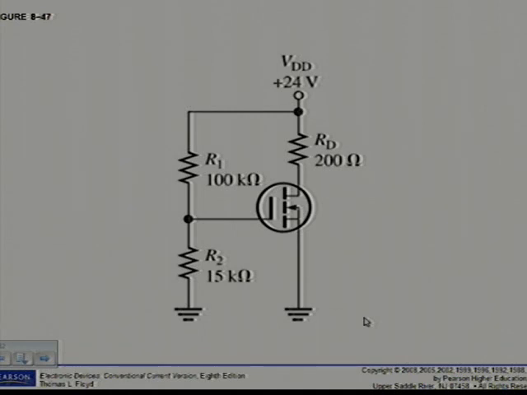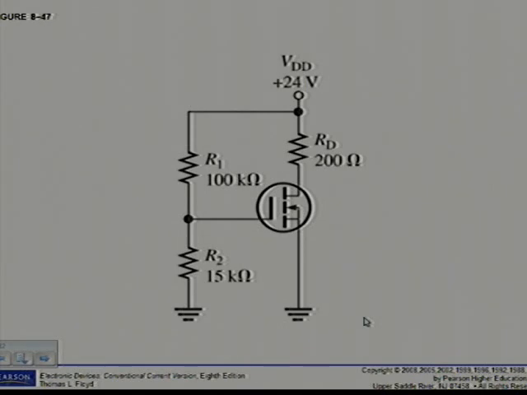To determine VDS, I first have to find K, of course, using equation 8.4 as we've seen, and using the minimum values that have been given, ID(on) and the specified voltage values. So K, then, is ID(on) divided by VGS minus VGS threshold squared, and I get an answer of 50 milliamps per square volt.